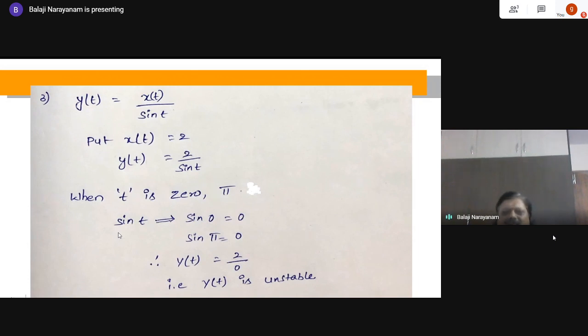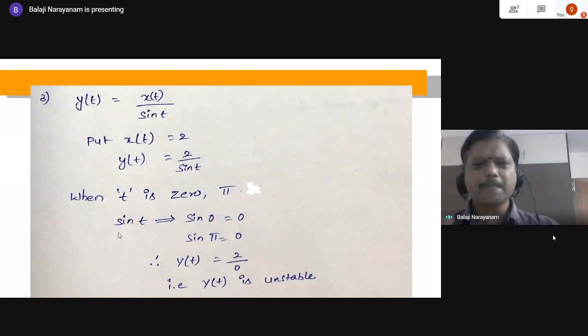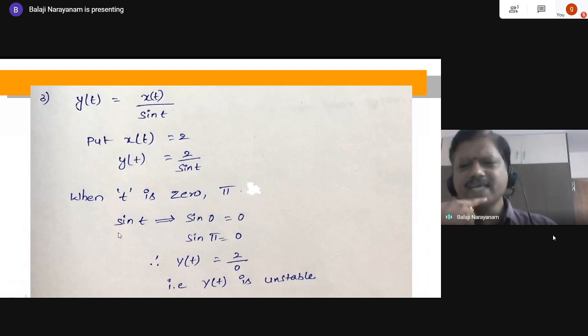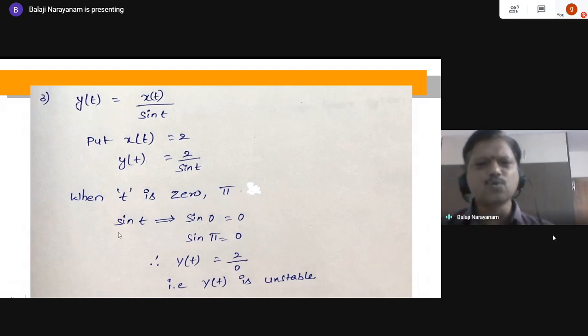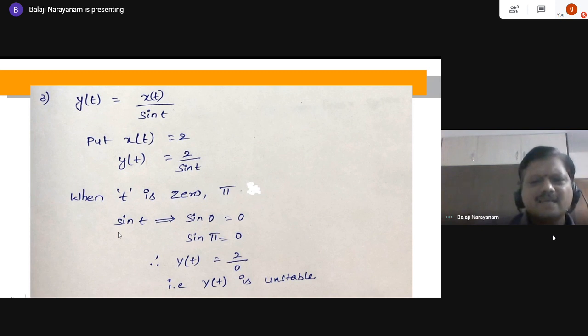Now, let us take another example. y of t is equal to x of t by sine of t. And we may substitute x of t value as 2. And y of t value can be computed as 2 by sine t. Now, when t value is substituted as 0 or pi, sine 0 we are aware is 0.